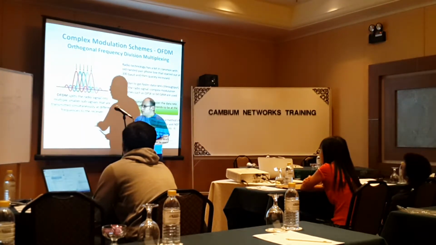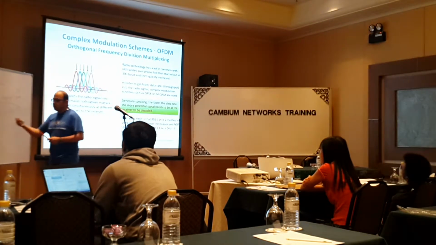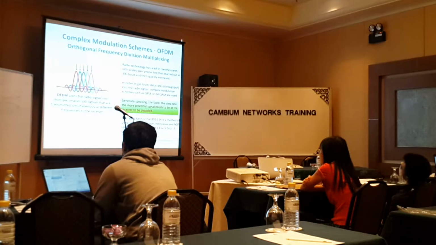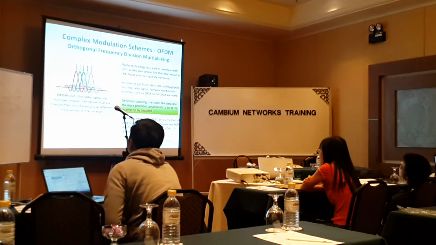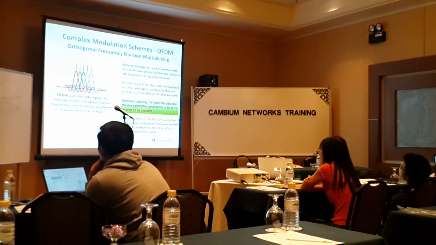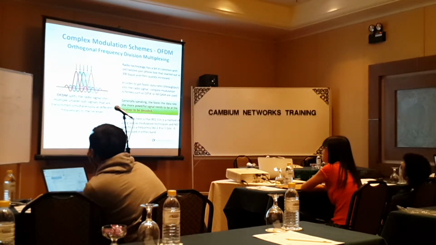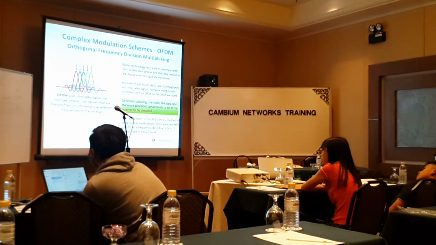If your channel width was only one spectrum, you wouldn't need to do such a thing. But because there are more spectrums between the client and the access point, you should be able to use them all together. How? With the help of OFDM.